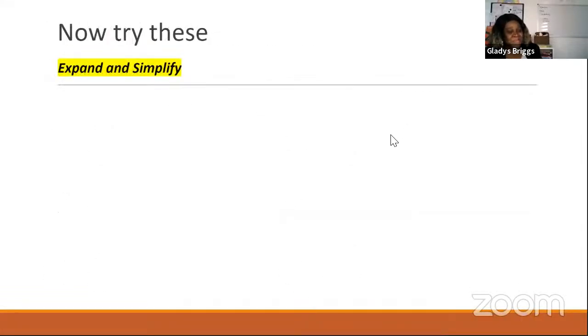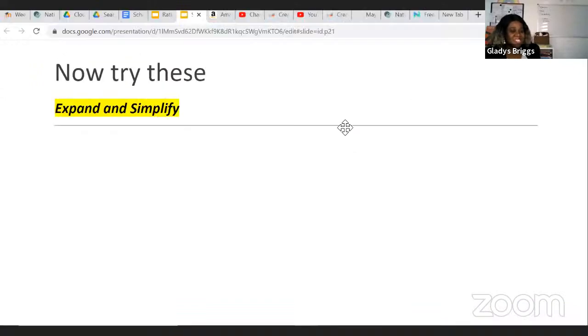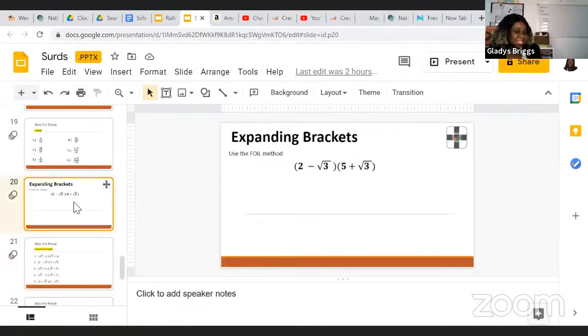Okay, so we go back to my maths now, because that's where we were trying to do expanding brackets before I brought you back to my PowerPoint. So let's go back to my maths. I'm going to put it back on first. What's this one? This one.